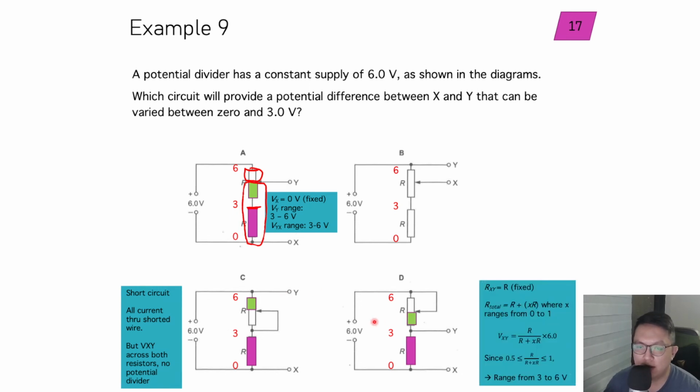Option D, we are now tapping at this point here. So if we can see now, this is the resistor that we're always tapping across. So to find VXY, it's always R, because this is R, over R plus whatever that's tapping across the top.